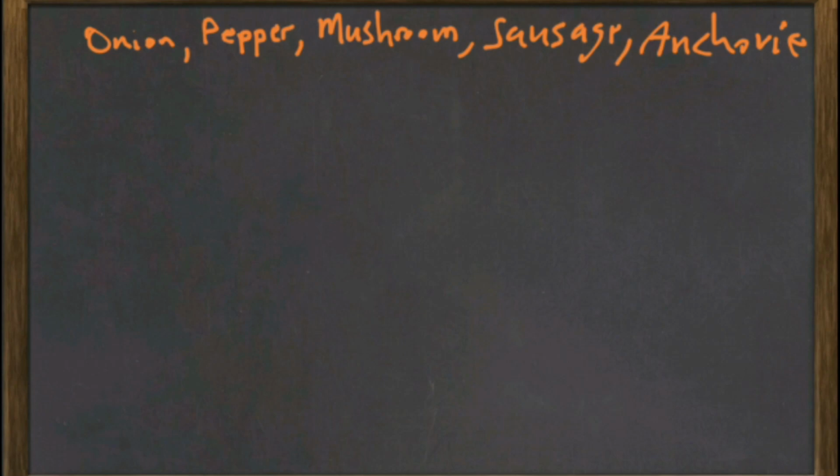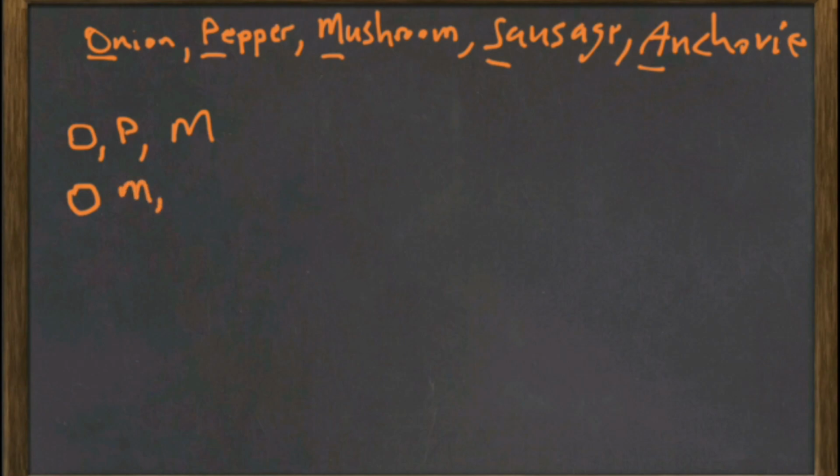Well, selecting these, we could have onion, pepper, and a mushroom. Now compare this to the previous video.